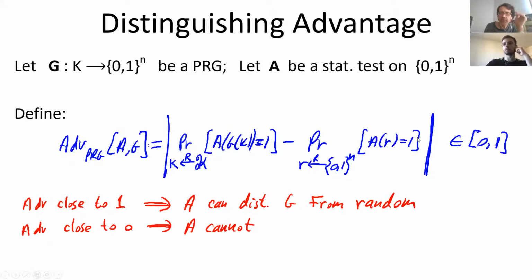If the difference between them is negligible for every statistical test, then the PRG is secure.